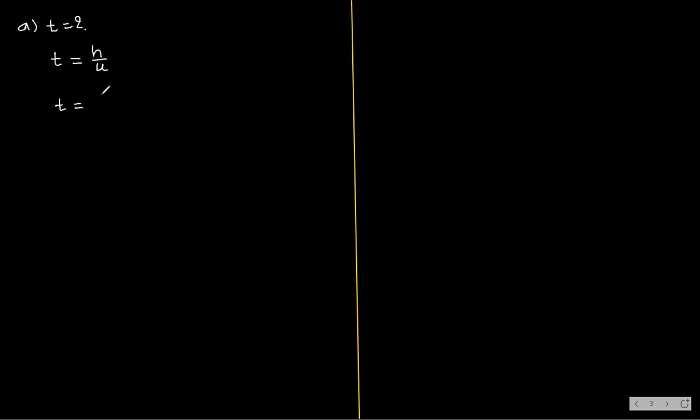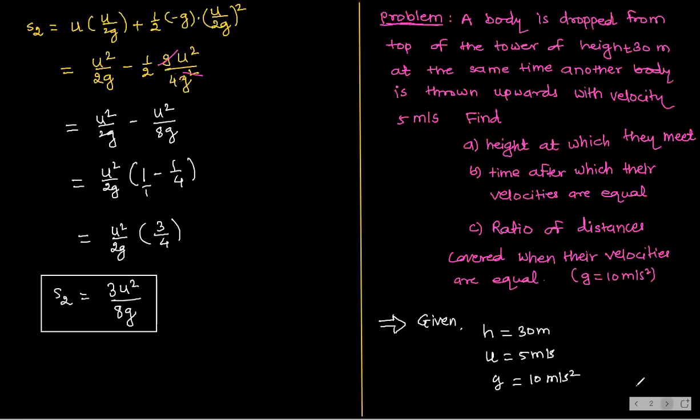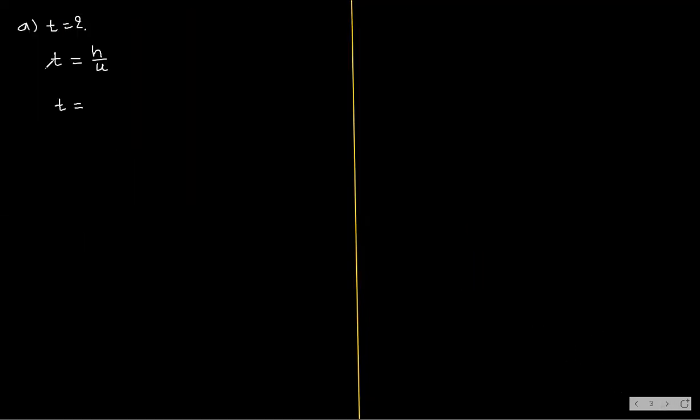Now H is how much? Tell me. 30. u is 5. This is 30, this is 5. So what you are getting? 6 seconds, right? Yes. So this is your first answer. Time at which they meet.